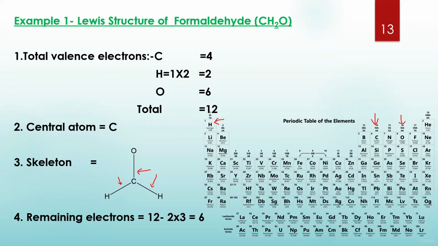We have 12 electrons total, and the remaining is 12 minus 2 times 3. This 3 is the total number of bonds we have formed, and the 2 is because each bond has 2 electrons shared. So 12 minus 2 times 3 is 6.